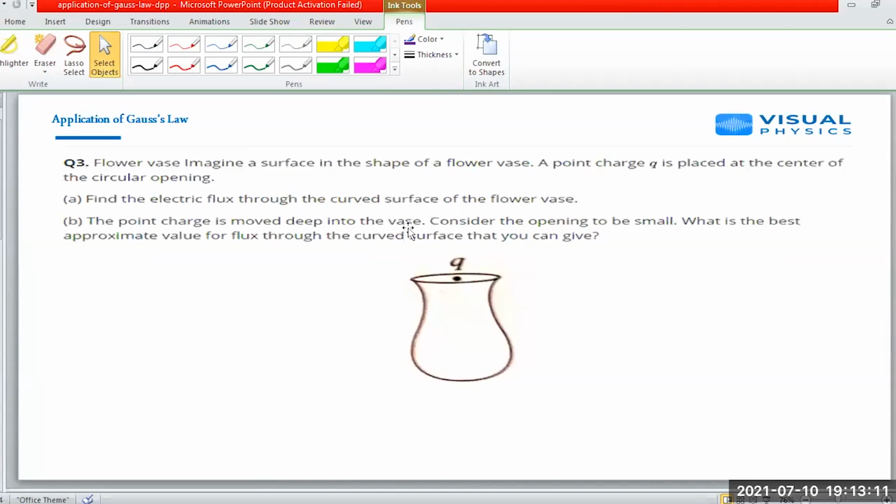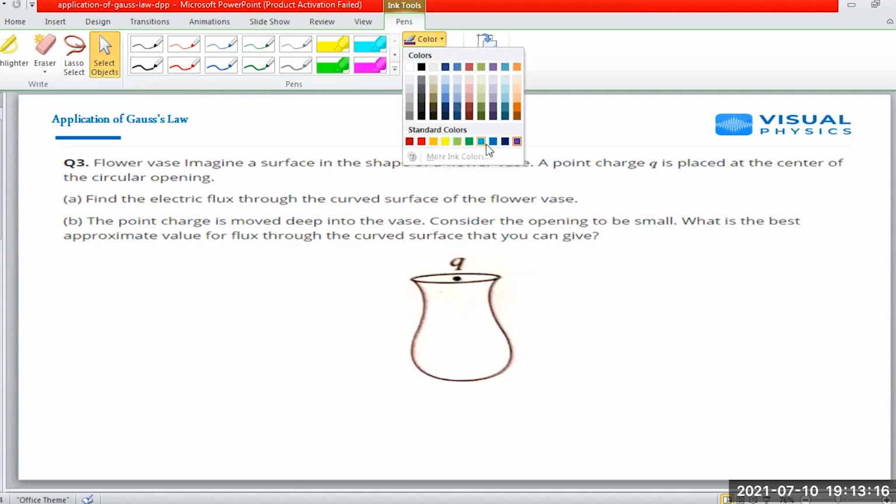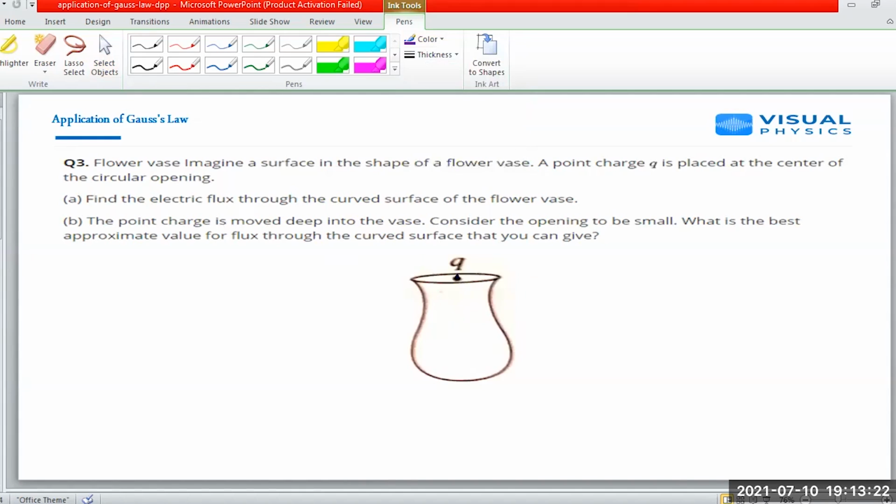Question 3 is very easy, similar to question number 1. I guess you can solve it on your own. For the first part, because now surface charge is placed on the surface of the vessel, I imagine that another identical surface was on the top.